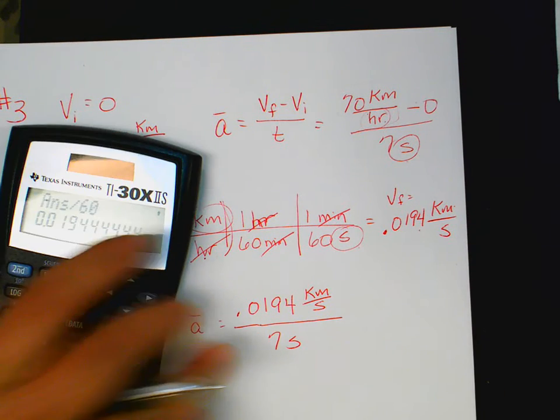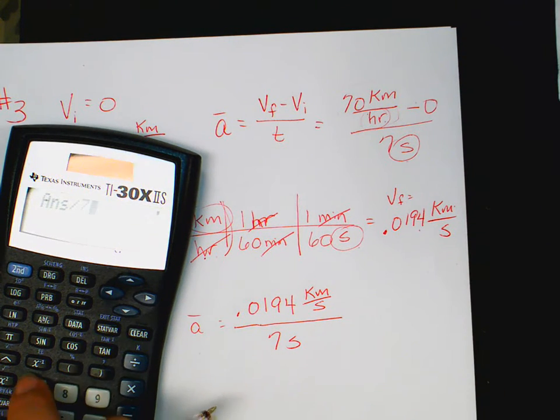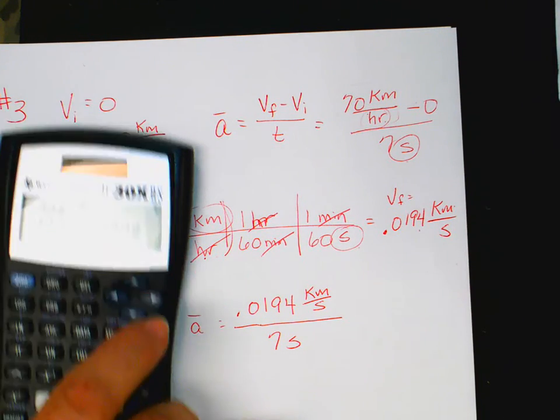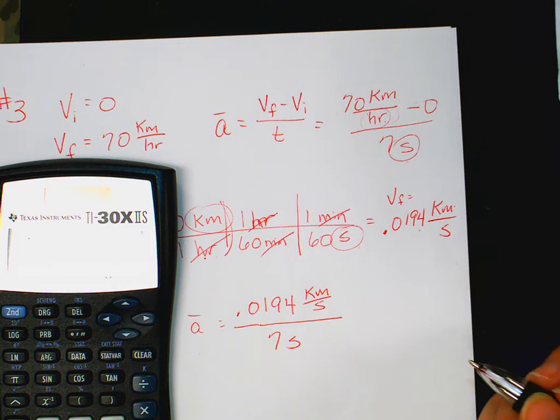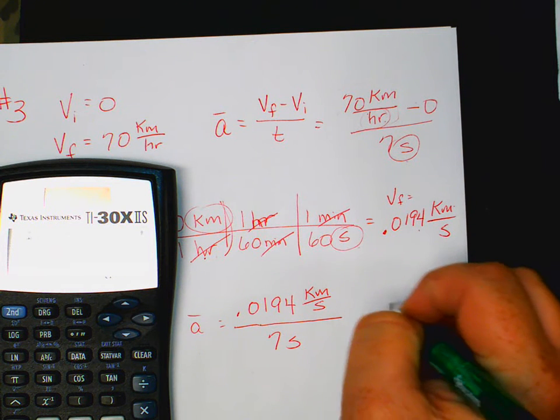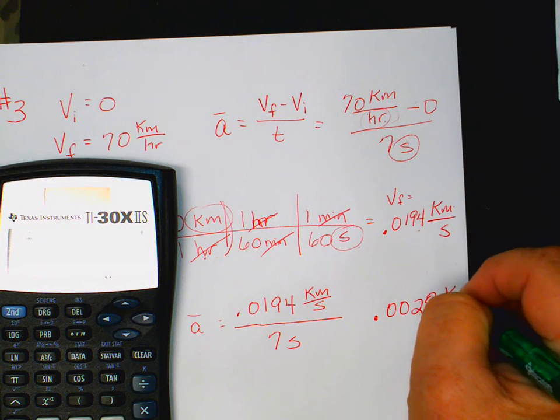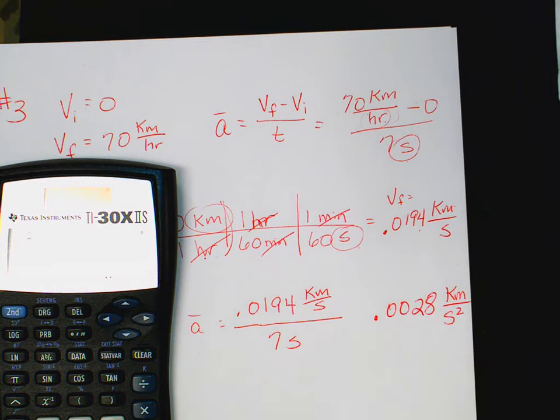So if I took that number divided by 7, our answer is going to be 0.0028 kilometers per second squared. Okay.